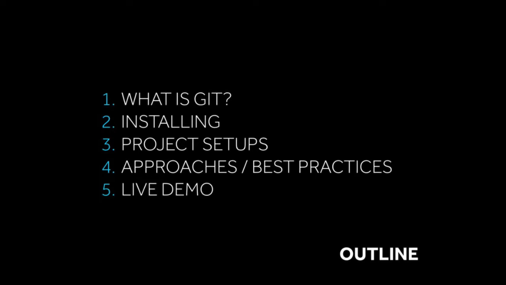And then we'll talk about those variations in project setup, so the common patterns that happen in a project that is actually a Git project. And then we'll get into some best practices and approaches working with Git. And with that, we'll talk about the Git flow process, which is both of Eric and my favorites. And then we'll do this live demo that will highlight everything that we've talked about.